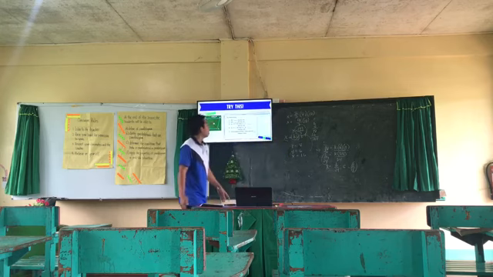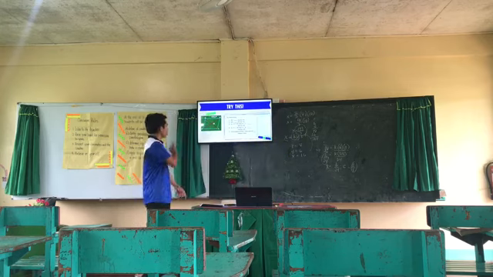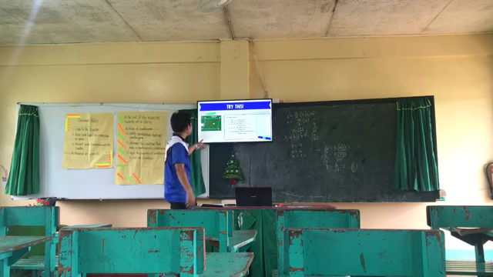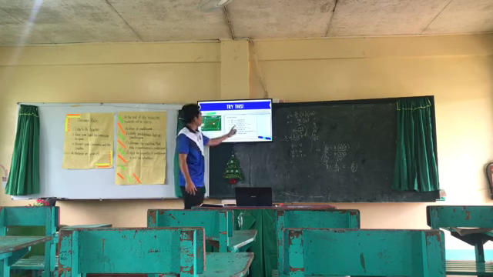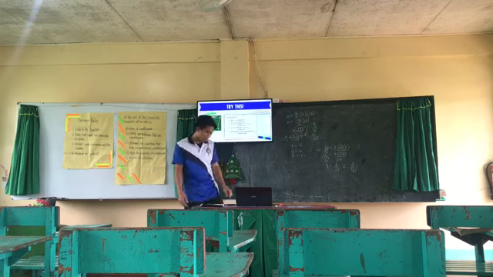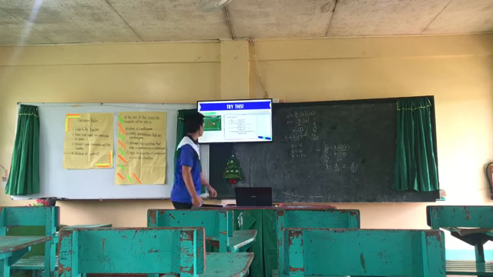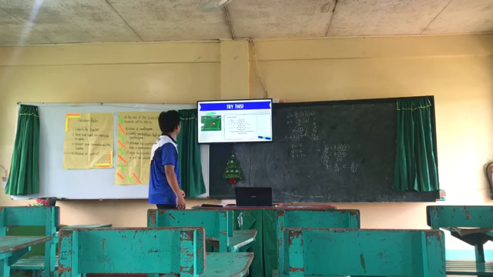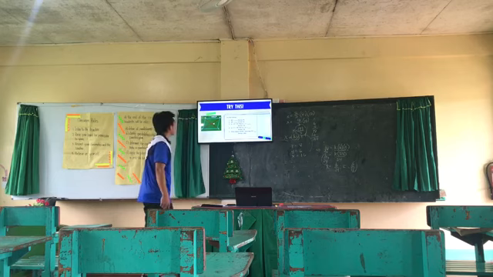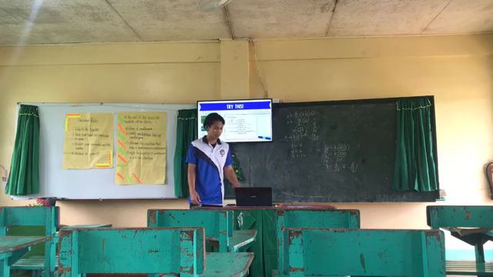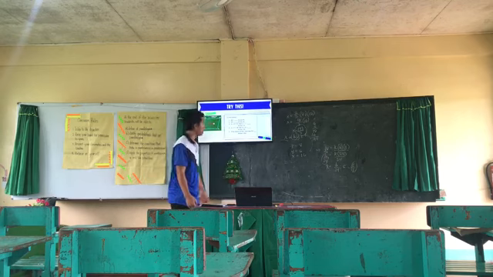For number 1, HK is equal or congruent to PL. That's the answer for number 1. Number 2, HP is always congruent to PL. That's for number 2. For number 3, if angle H is 95, angle L is also 95 degrees.